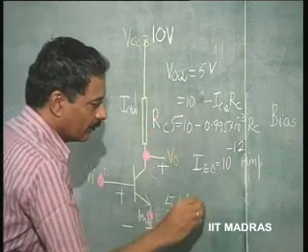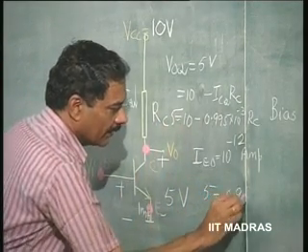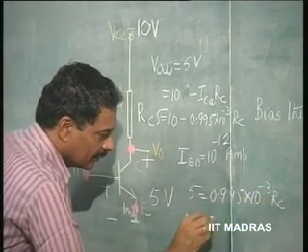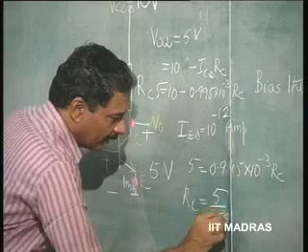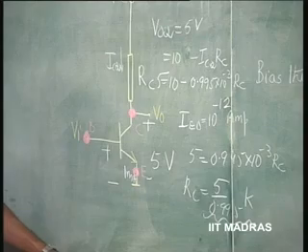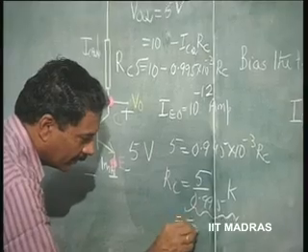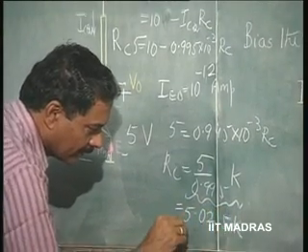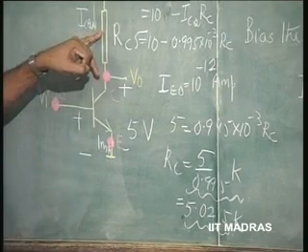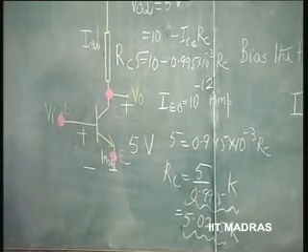So from this equation, 10 minus 5 is equal to 0.995 into 10 to the power minus 3 into R_C, or R_C is 5 by 0.995 kilo ohms, which is equal to 5.025 K. So we have now found the value of R_C to make V_CEQ equal to 5 volts for the transistor that is given.